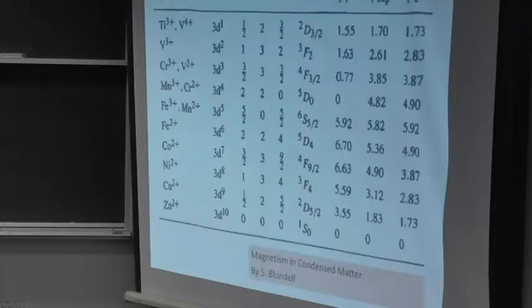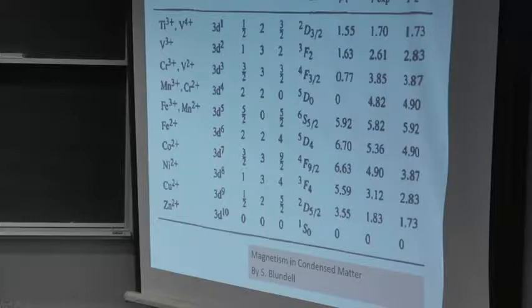However, if we come to the 3d ions, we apply Hund's rules once again, we find the term symbols. This is the theoretical effective magnetic moment that comes out. Okay?